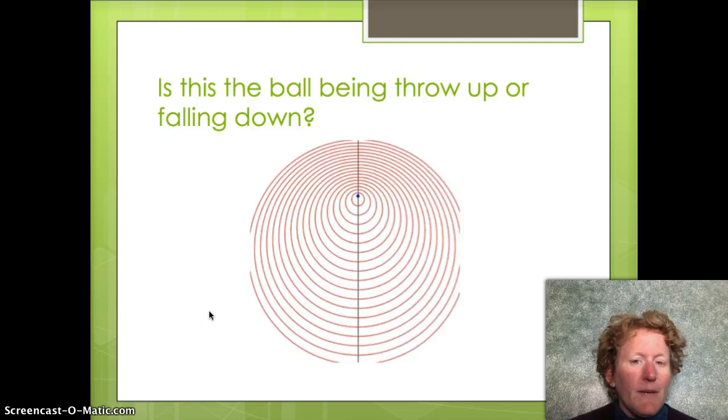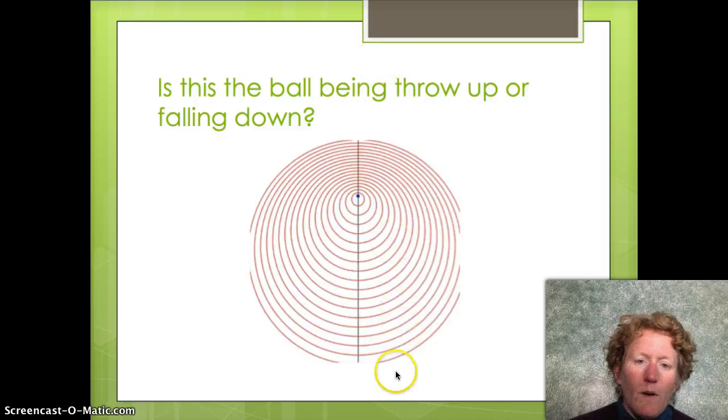And probably if you look at this picture, you can tell whether this ball that has a noisemaker in it, that is represented to making these sound waves here, is going up or going down. And if you see here that the sound waves are pushed together closer here, you know the ball is being thrown up.